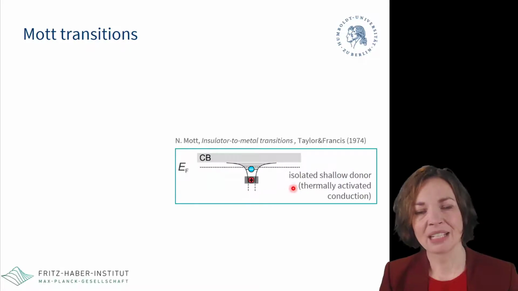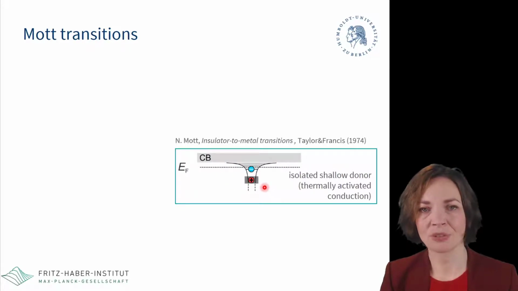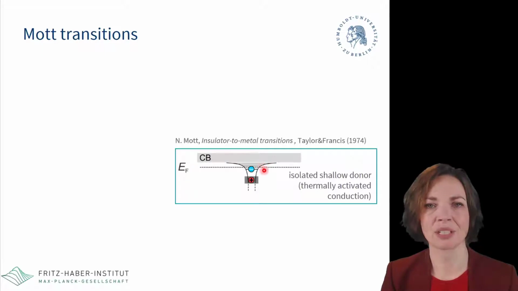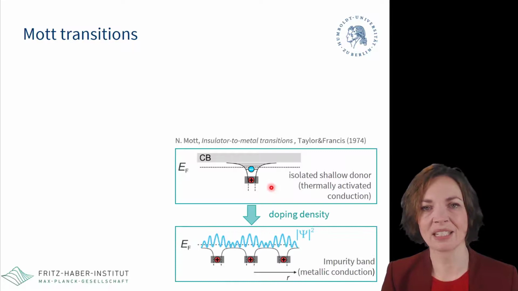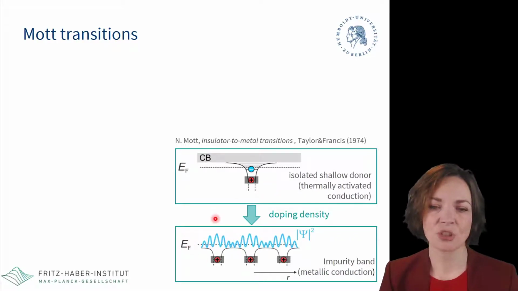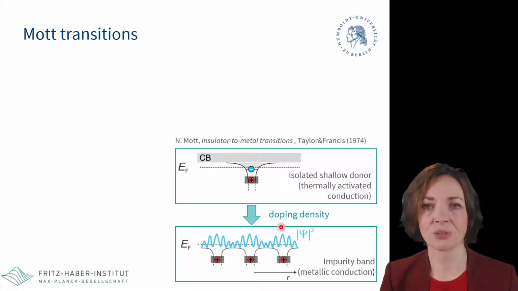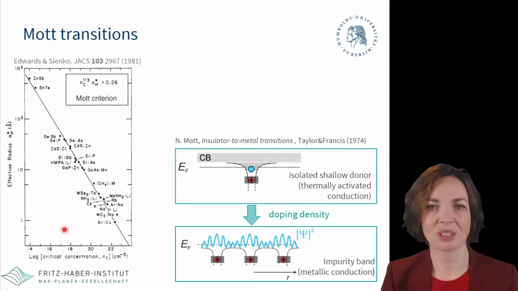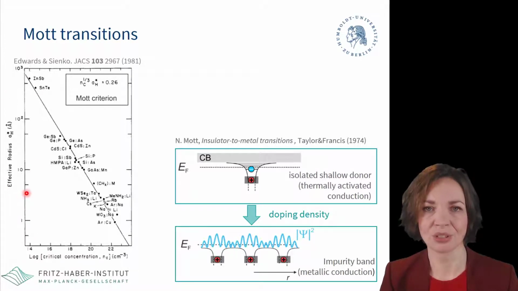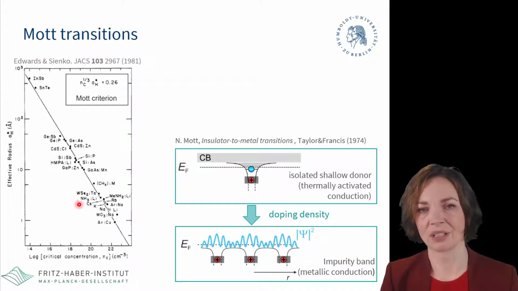So an isolated shallow donor level can contribute to conduction in a semiconductor by thermal activation, but if you enhance the density sufficiently strongly, these shallow donor states talk to each other and you form an impurity band that facilitates metallic conduction. The density or the concentration of these donors is relevant for this transition, and of course also the effective radius of the electronic wave functions.